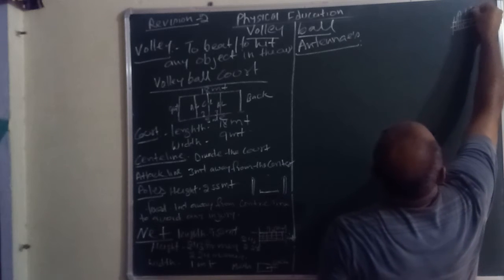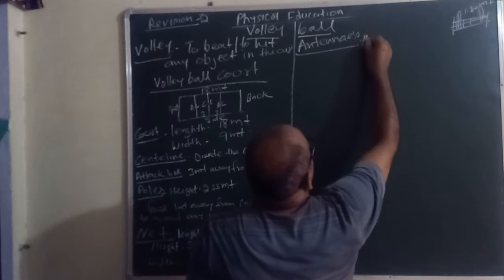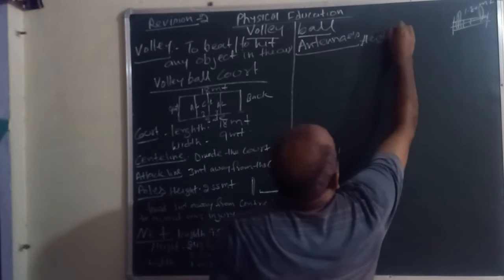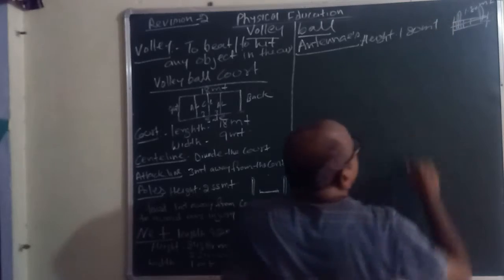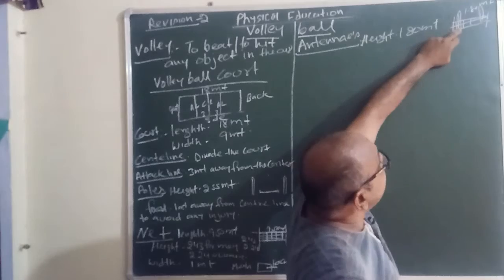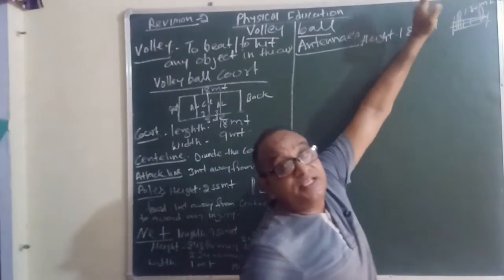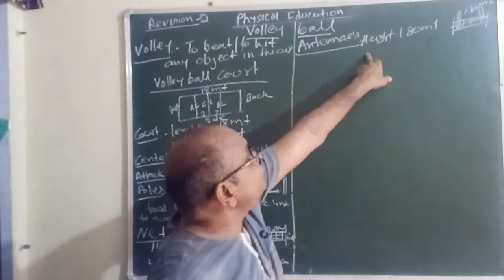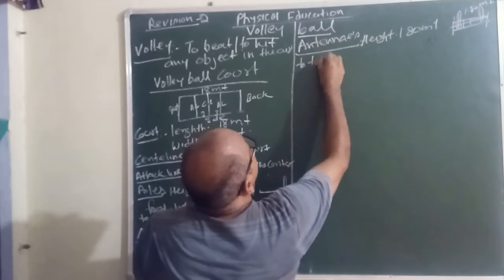So height of the antennas will be 1.8 meter. 1 meter will be merged in the net, and 80 centimeter will be above the net. For what are these 2 antennas there? To tell the direction.